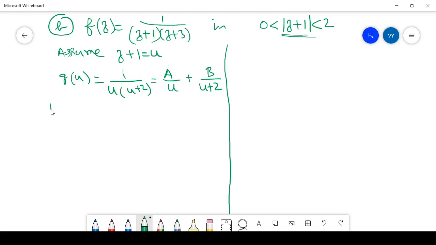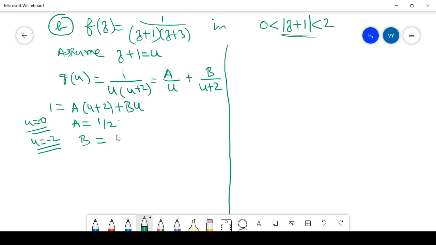So 1 will be a into (u plus 2) plus b into u. When I substitute u is equal to 0, a will be 1 by 2. And when I substitute u is equal to minus 2, b will be minus 1 by 2.